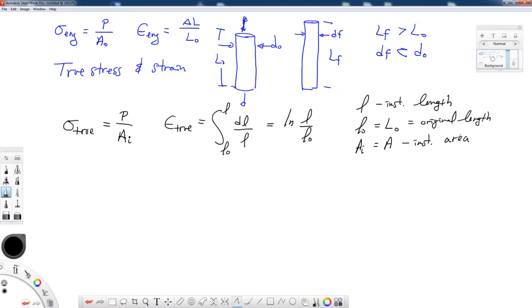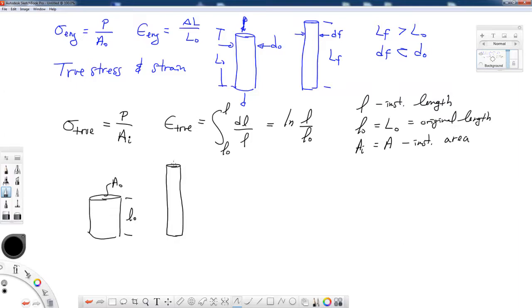And let me go ahead and sketch another picture, very similar to the one that I've already done. Again, to exaggerate what's going on here, here's our specimen. It has some sort of initial area and some initial length. And it changes, gets a little bit skinnier and a little bit longer.